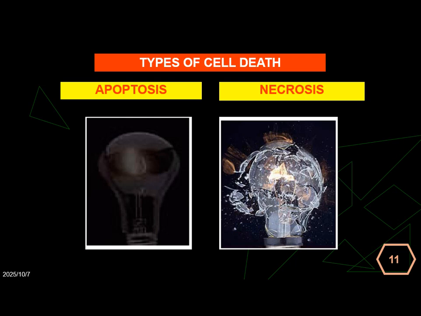For necrosis, the bulb is like being hit by an outer force. Everything breaks, but the tungsten filament is still on. The light is going to go away when the oxidation of the filament is complete.